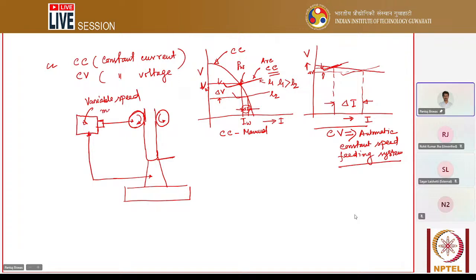Then your motor will automatically control the speed of this feeder roller. Here you can control the feeding rate, or you can say metal deposition rate, and you can control the arc length also. Clear? Yes, sir.